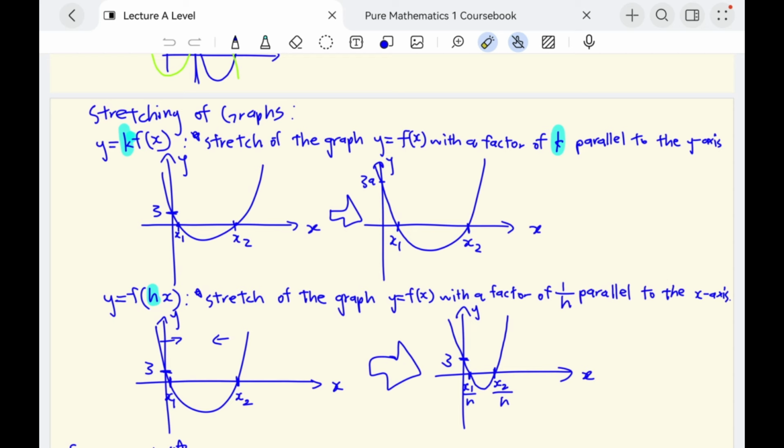Okay, so there's a stretch of the graph y equals to fx with the factor of k that is parallel to the y-axis. Okay, please remember about this. Very important. Okay, if you are not memorizing these keywords and sentences, you are not able to answer a type of question regarding the transformation.